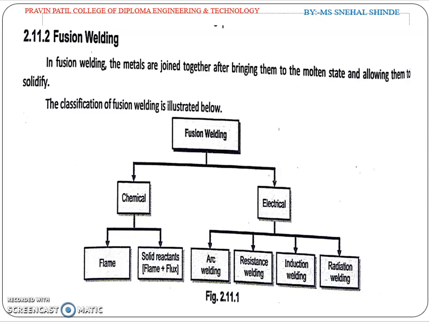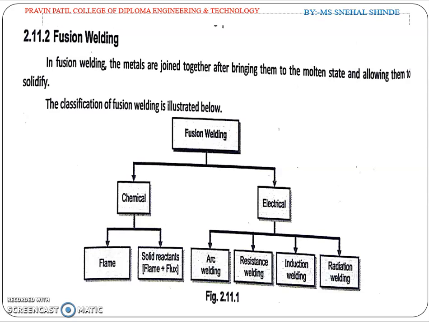Next is fusion welding. In fusion welding, the metals are joined together after bringing them to the molten state and allowing them to solidify. The classification of fusion welding is illustrated.